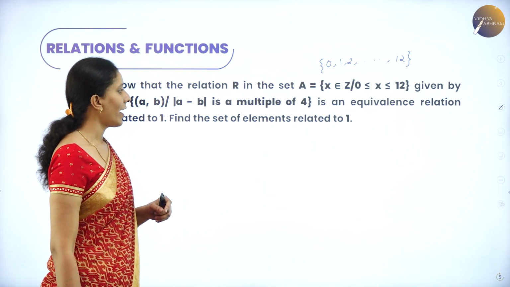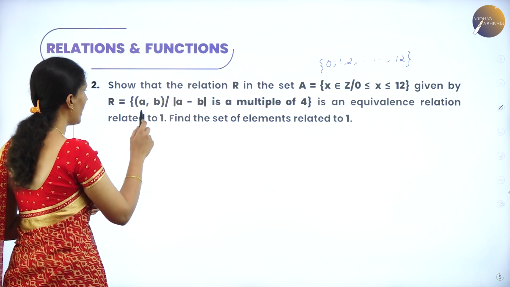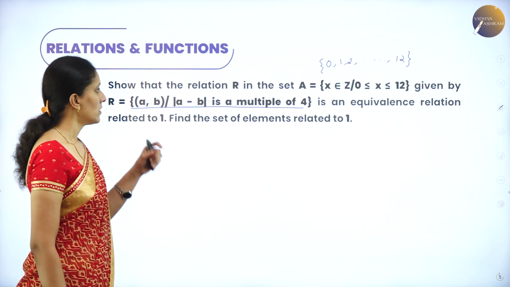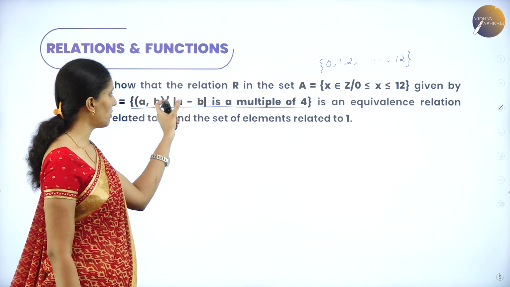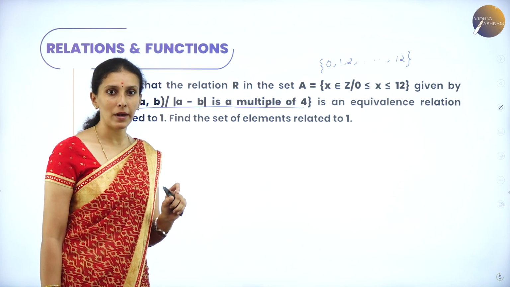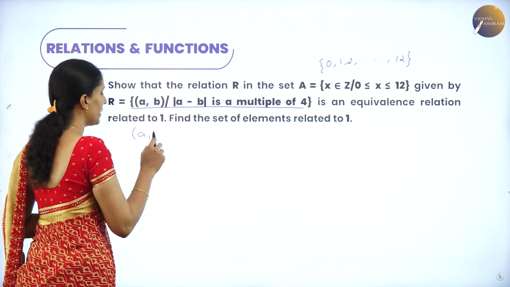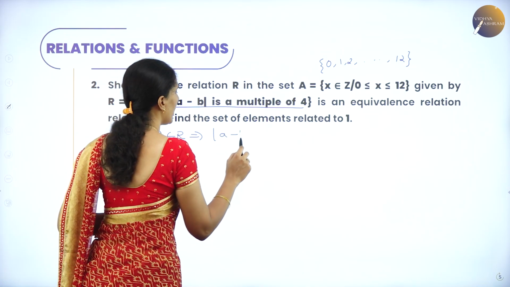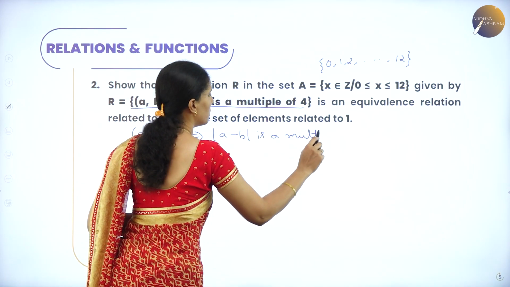Find the set of elements related to 1. We have to show that A comma B is a multiple of 4. So, what are the ordered pairs we can write such that modulus of A minus B is a multiple of 4? Here they have given if A comma B belongs to R, then we can write mod A minus B is a multiple of 4.